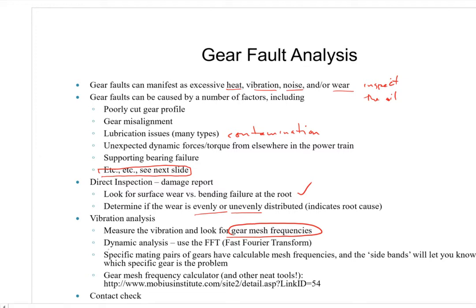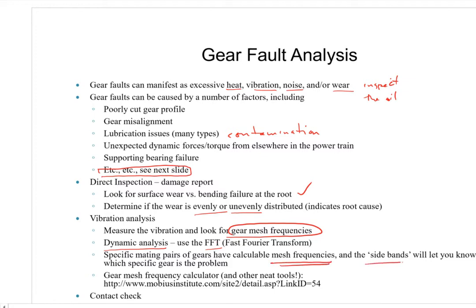If we're going to do what we did in measurements class, a dynamic analysis with the fast Fourier transform, I've got an actual slide of this actual consulting project I did for gear fault analysis, where I apply this dynamic analysis and look at the gear mesh frequencies. That's what you're looking for.